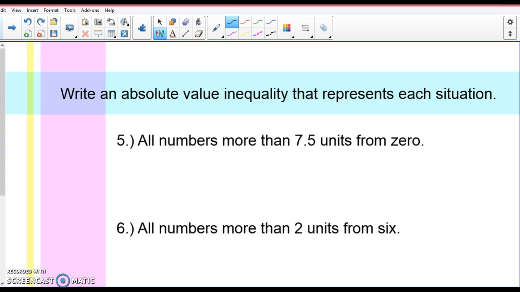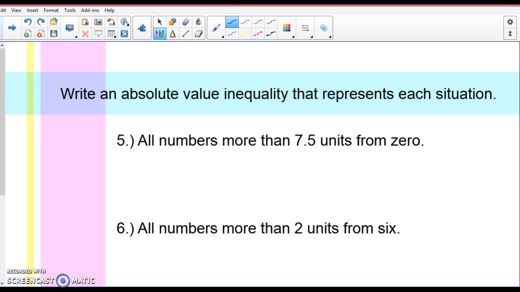Write an absolute value inequality that represents each situation. All numbers no more than 7.5 units from 0. Oh, I read it wrong. It's not no more. All numbers more than 7.5 units from 0. What is it?